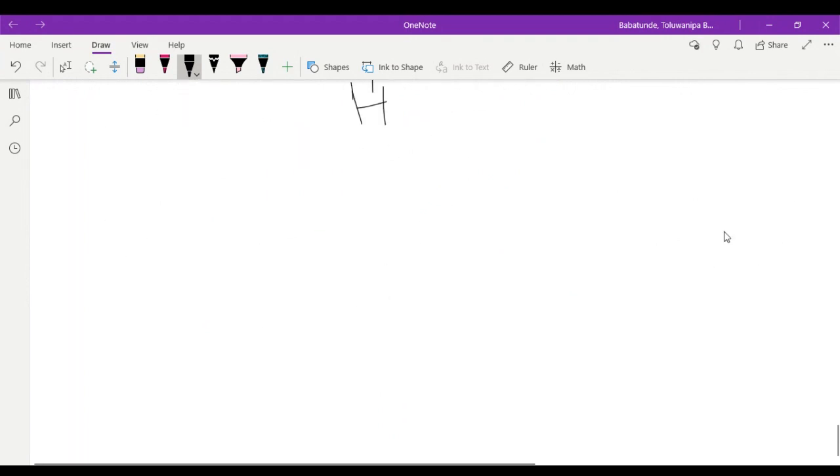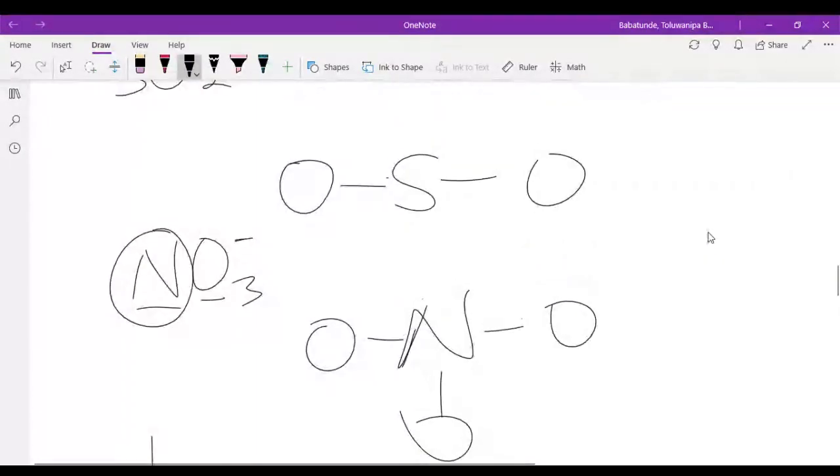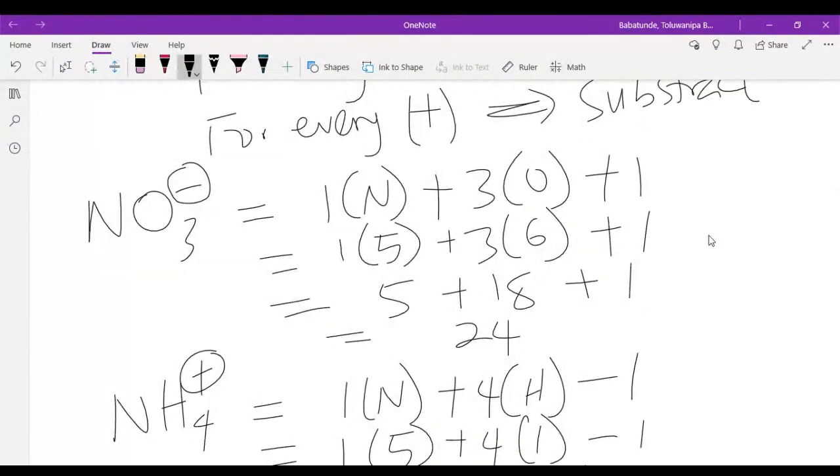So we want to do it for a polyatomic ion, which is NO3. Remember, we already did the valence electrons before. Let me go there. So we say our valence electrons for NO3 is 24, right?